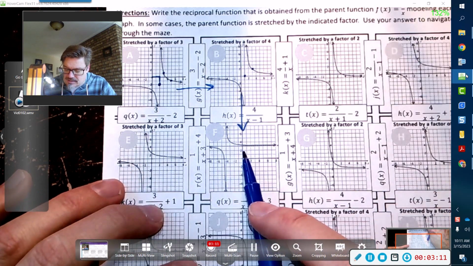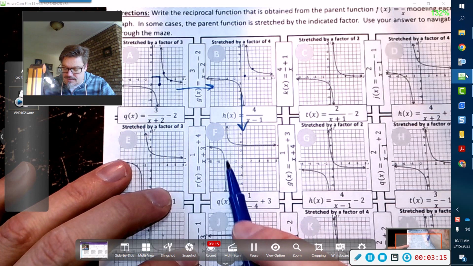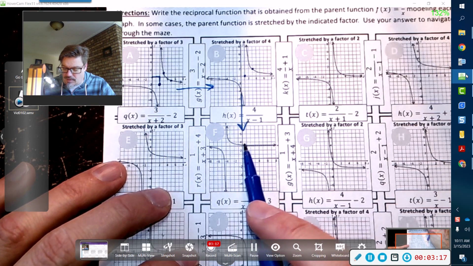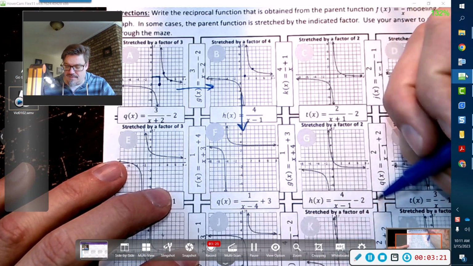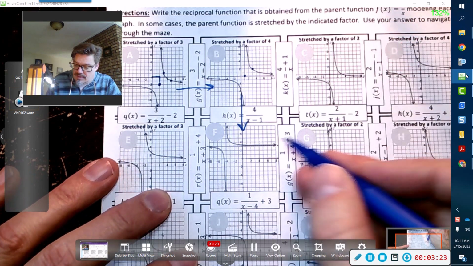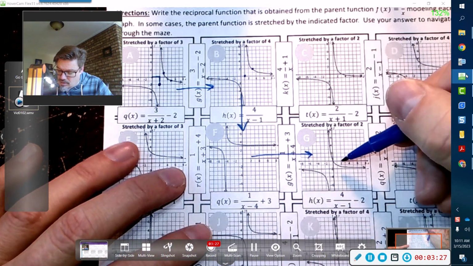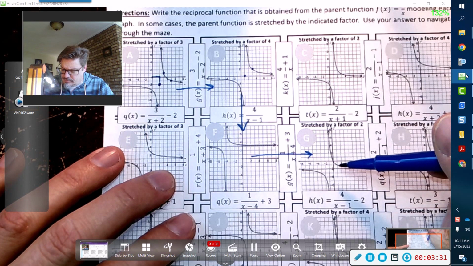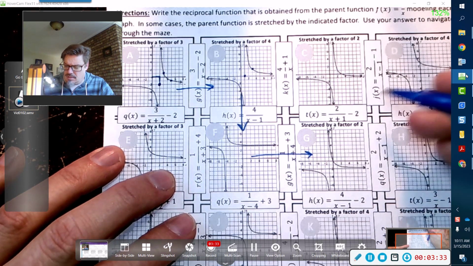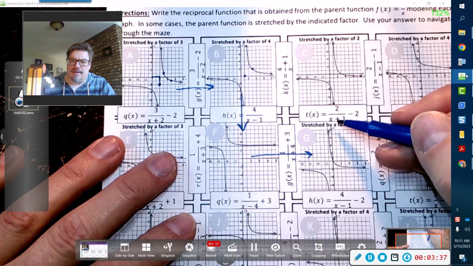Okay, this guy is going over to the left 4, and he's going up 3, left 4, up 3, stretch factor of nothing. I don't see one, so he is actually going this way. This guy is to the left 1, down 2, left 1, down 2. Of these guys, left 1, down 2.